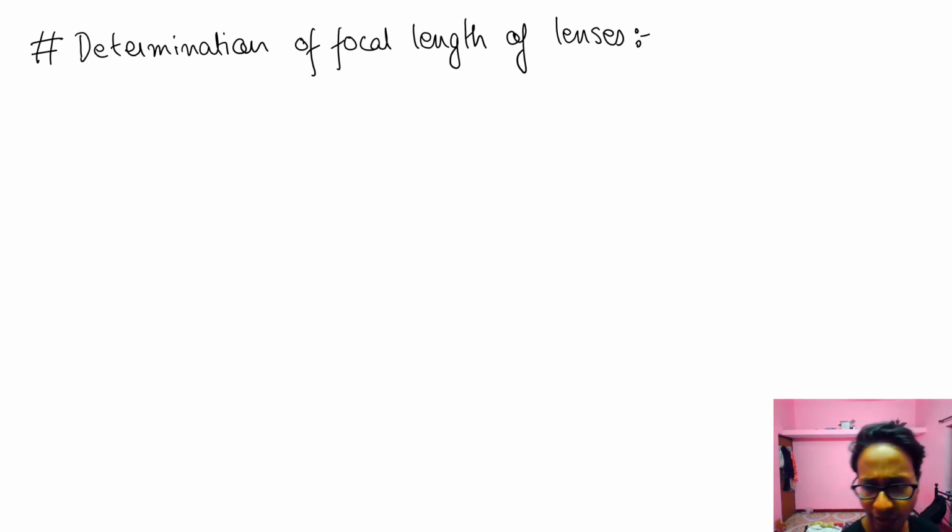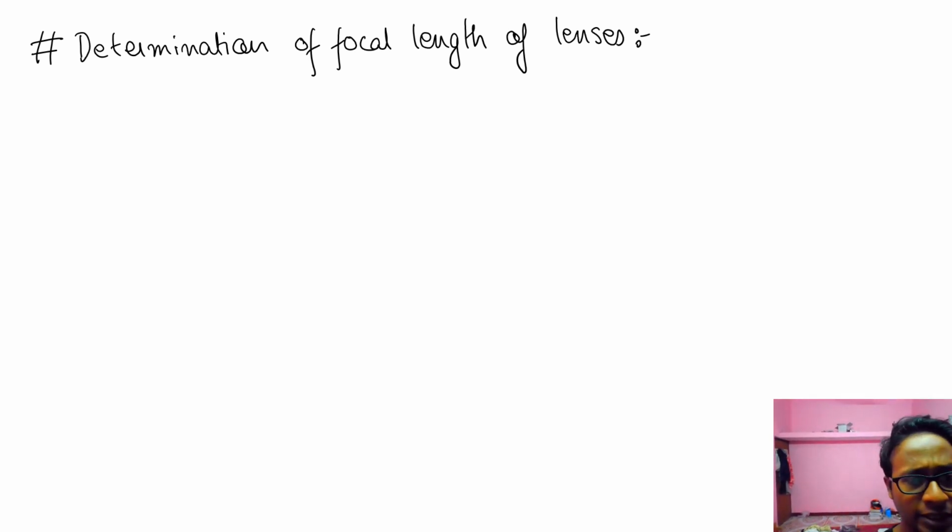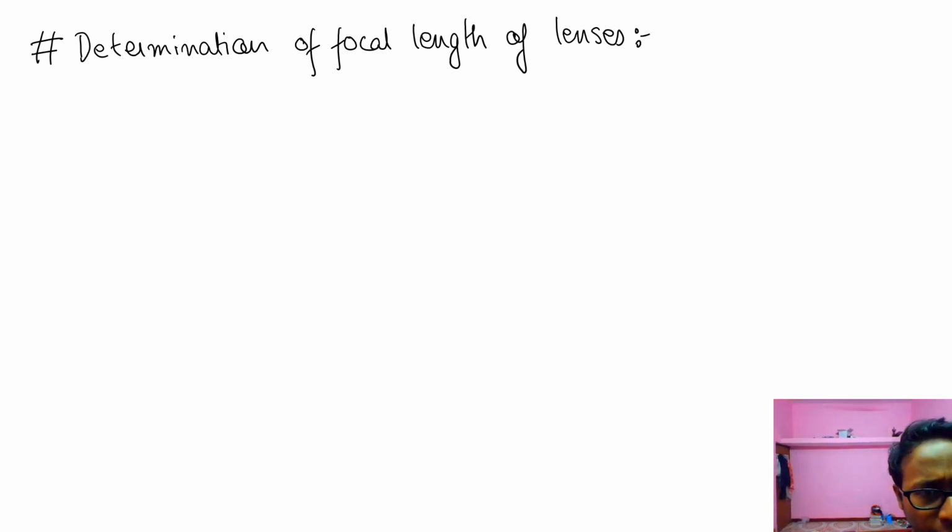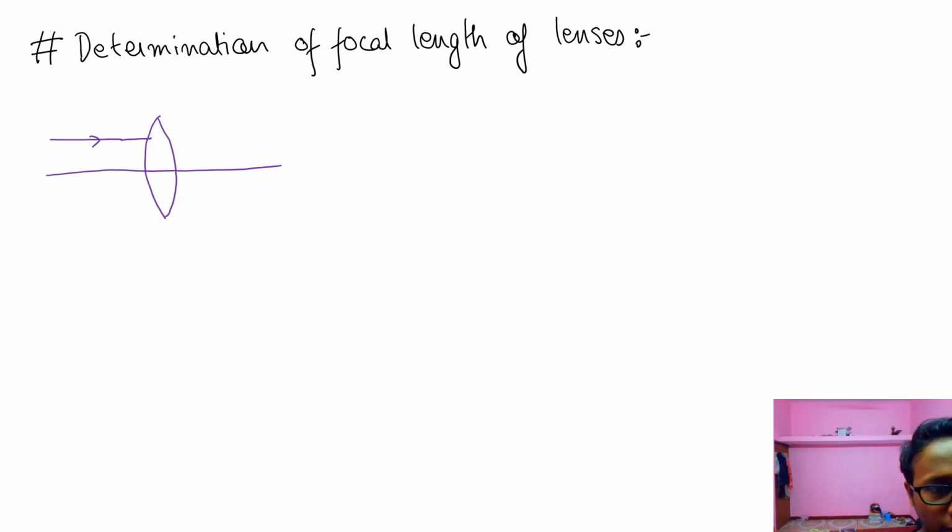Suppose first let's define what is focal length. Suppose this is a convex lens. Rays coming from infinity will converge at a point, and this is nothing but the focal length of the lens.